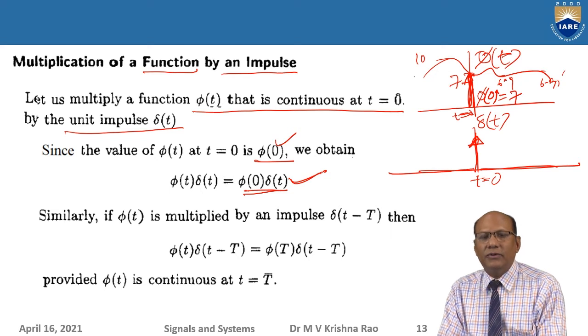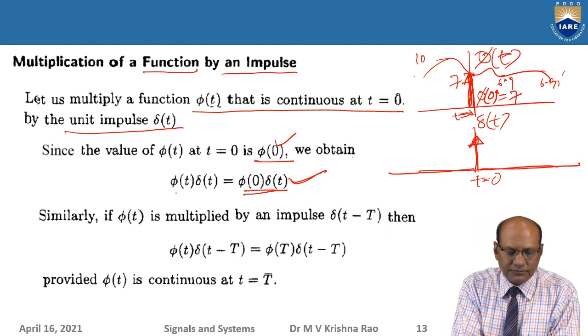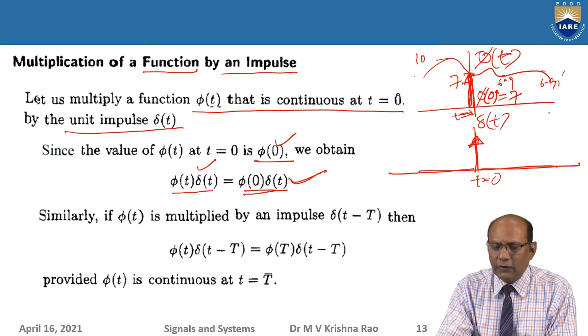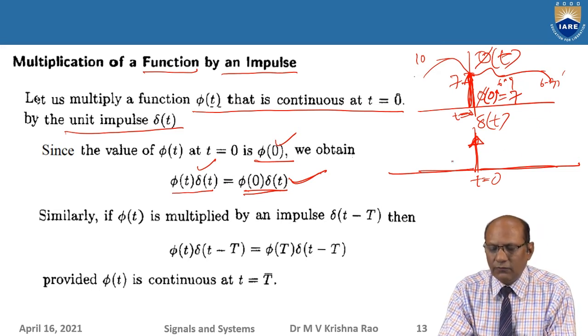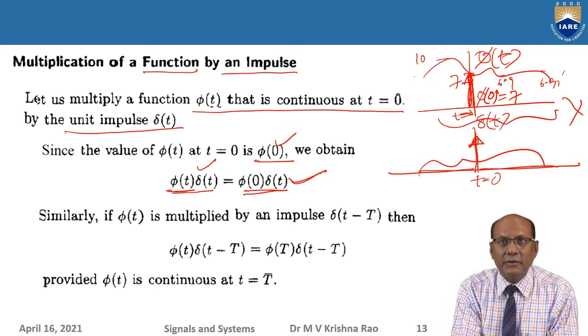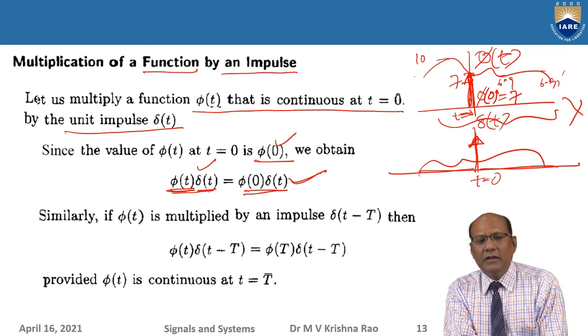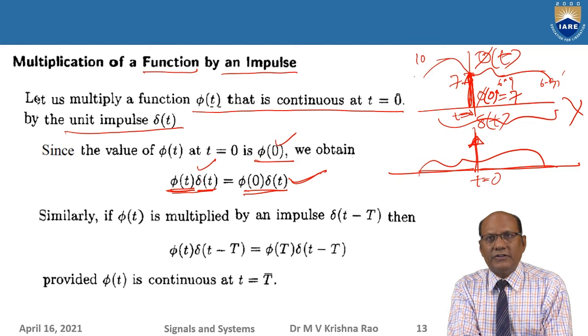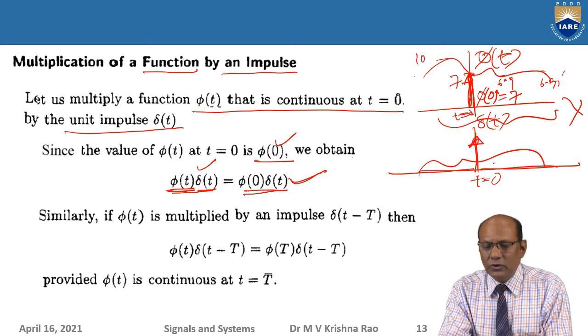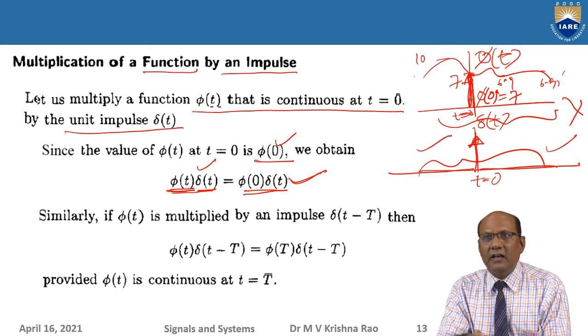This is in general a multiplication of the total function and the total delta function, both functions you are multiplying. After multiplication, I will get only one value, though I am multiplying on this side and this side, all are zeros.